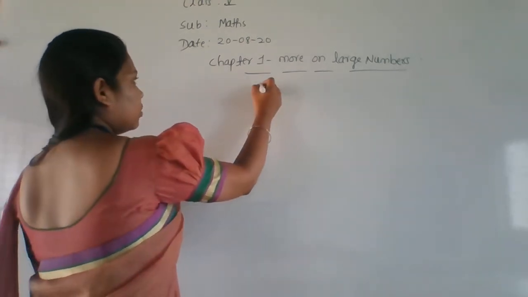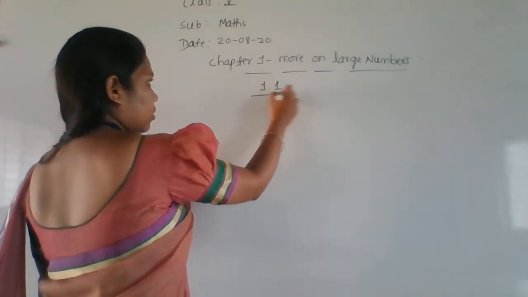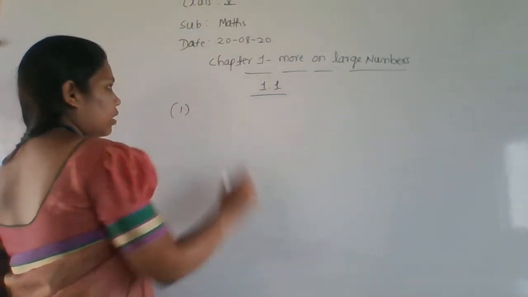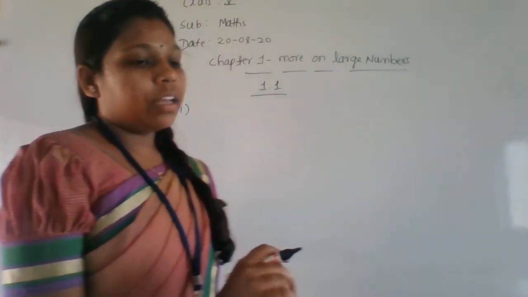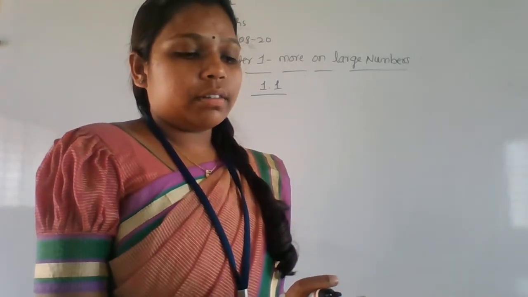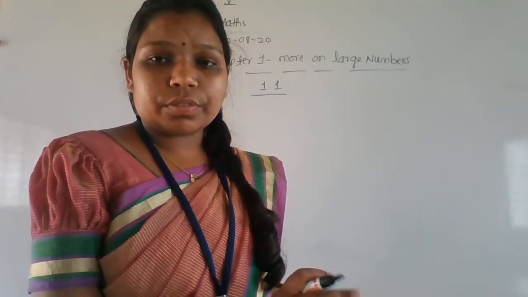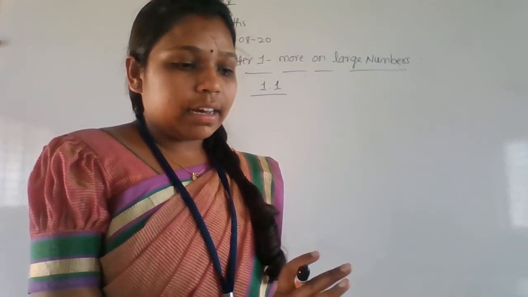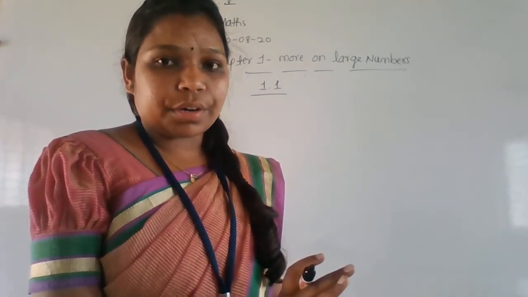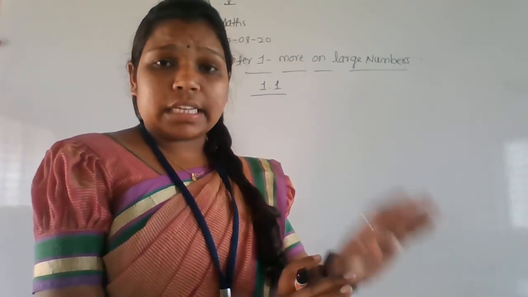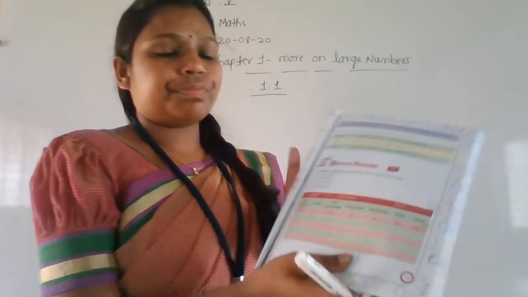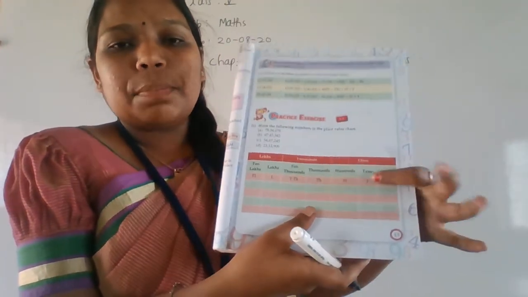In 1.1, first they told us to write the following numbers in a place value chart. Whatever numbers they gave, four numbers, and they have given one already here. See, this is a place value chart.